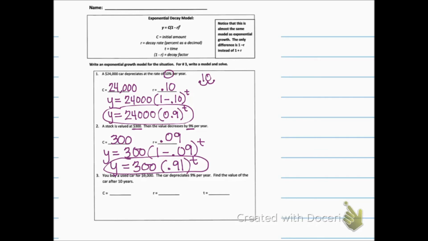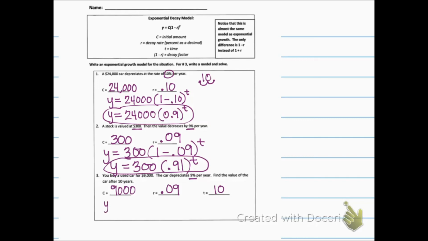And number 3, you buy a used car for $9,000. The car depreciates at a rate of 9% per year. Find the value of the car after 10 years. So our car started at $9,000. Our rate is 9%, which will be 0.09 as a decimal. And it says our time period is 10 years.